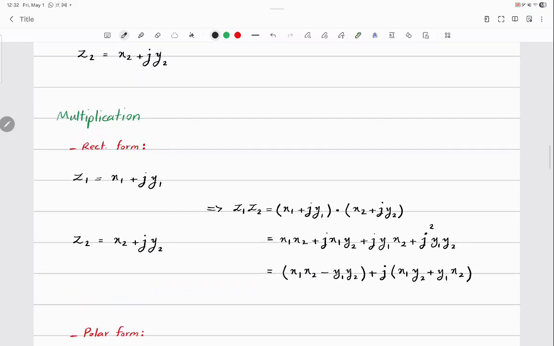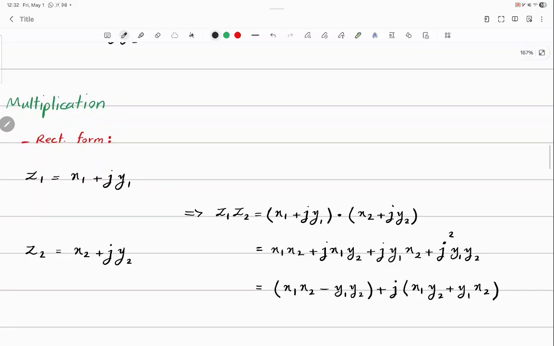For multiplication, it's not that easy, especially in rectangular form. So, for example, I have two rectangular form numbers, z1 and z2. How do you multiply them? You're familiar with the product of two parentheses, a plus b and c plus d. Whatever you do for that, you do the same for this, simplify the answer, and you get something that you're never going to memorize, and it's not very intuitive.